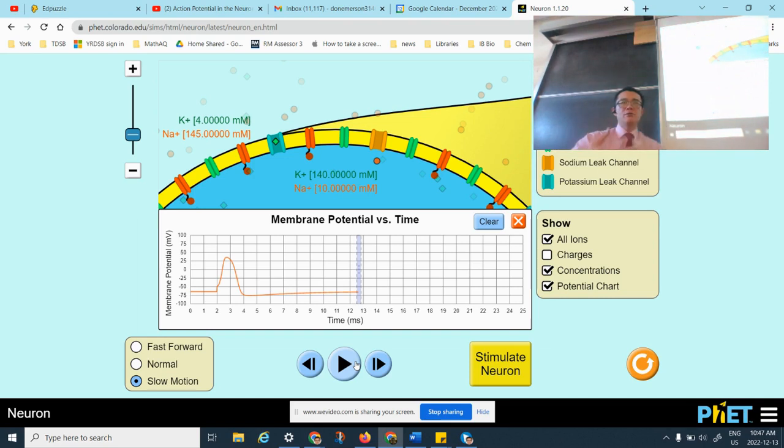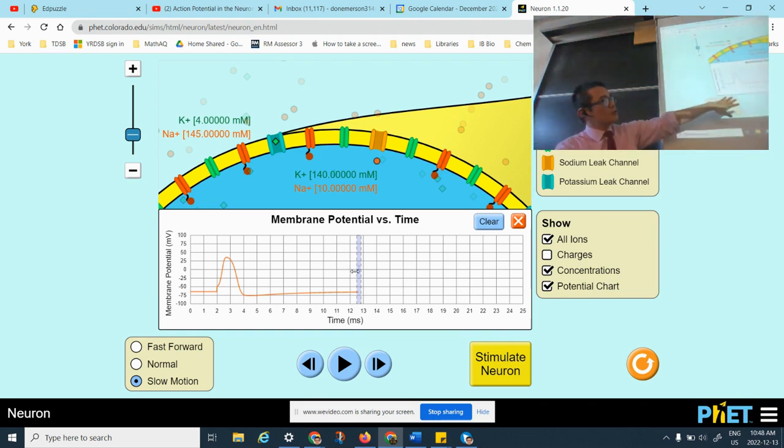What was the channel or pump that caused the membrane voltage to be at minus 70 in the beginning? It's our old friend again. Who is this? The sodium potassium pump.